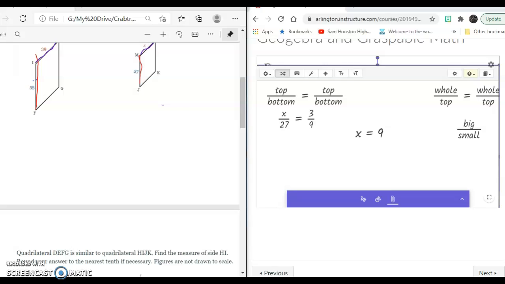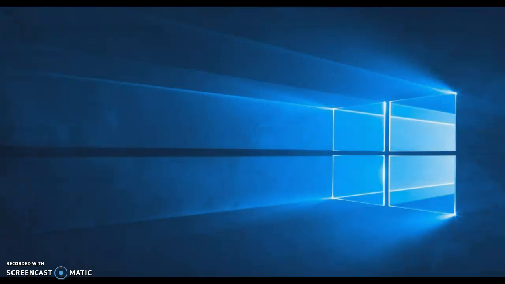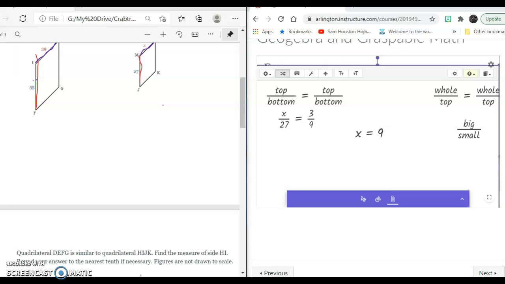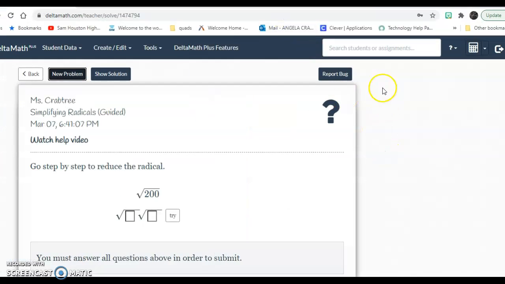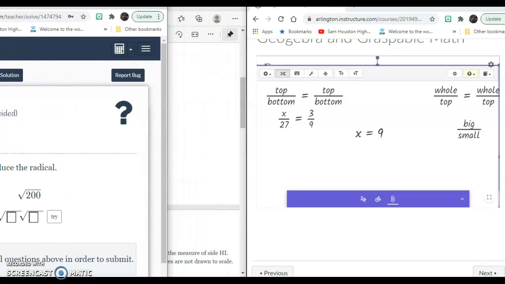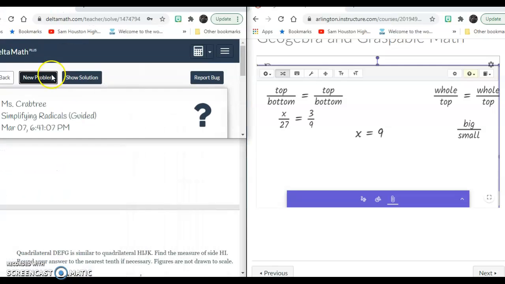Radicals is going to be very, very important, guys, for you to make sure that you understand how to work these problems with the radicals, because we are going to be working with multiplying radicals, squaring radicals, doing all kinds of stuff with radicals.